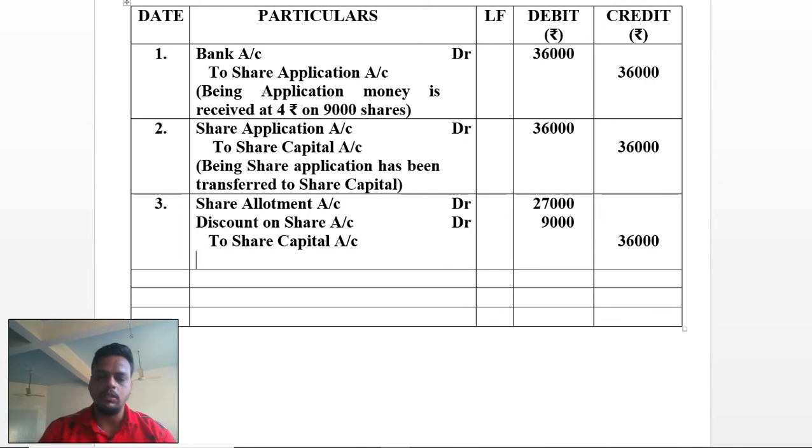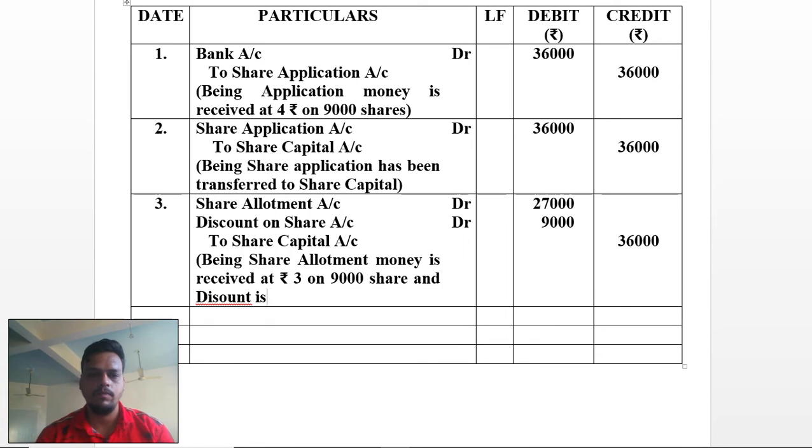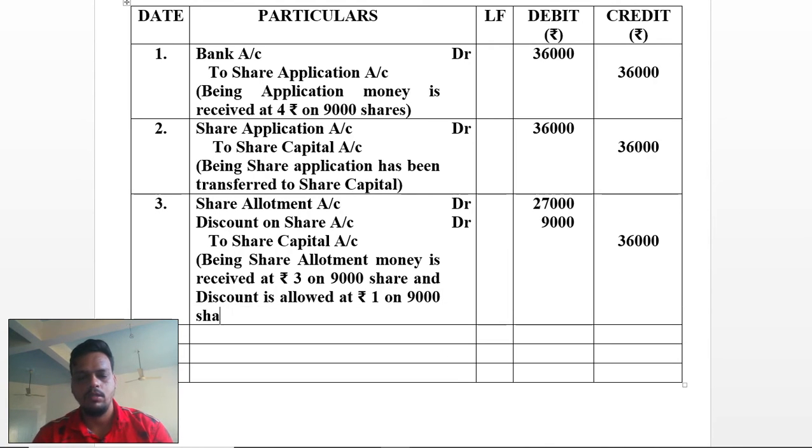Now we have to go with the being. This being will be a little bit longer. Being share allotment money is received at rupees 3 on 9,000 shares, and discount is allowed at rupees 1 on 9,000 shares.